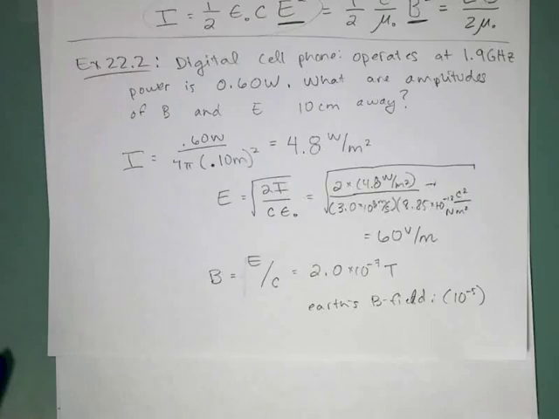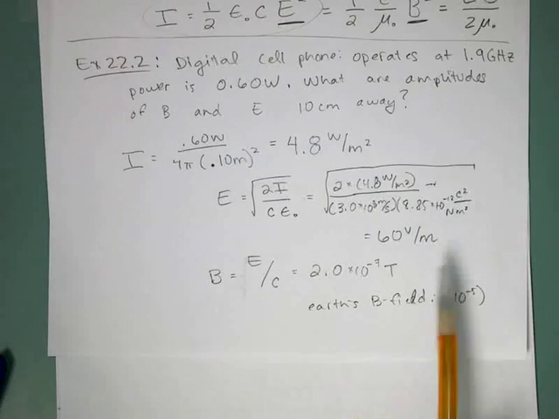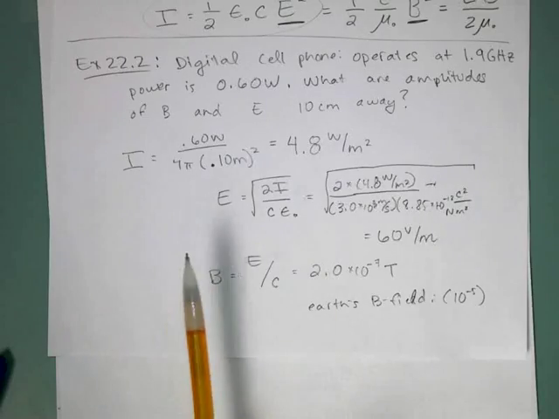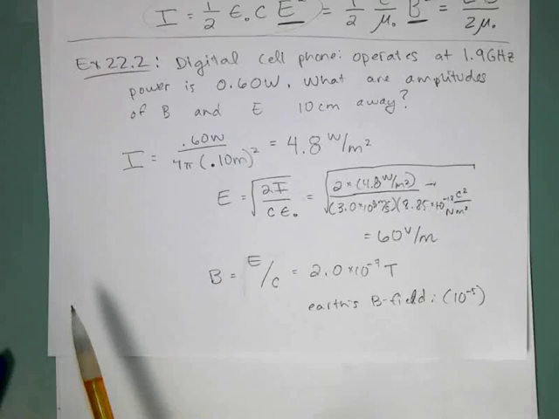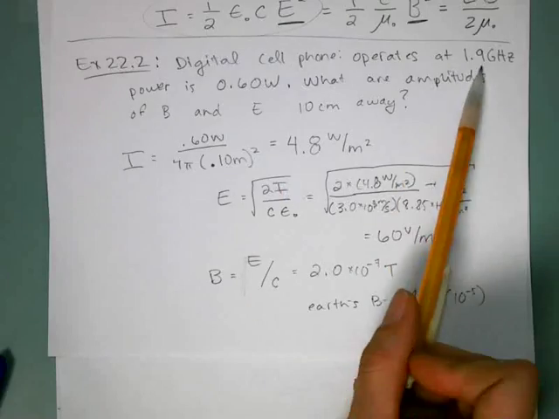So I like to do this example as a concrete example as to whether or not your cell phones are going to give you cancer. The radiation that is coming out of your cell phone is weaker than the Earth's magnetic field and weaker than living on Earth at every moment.